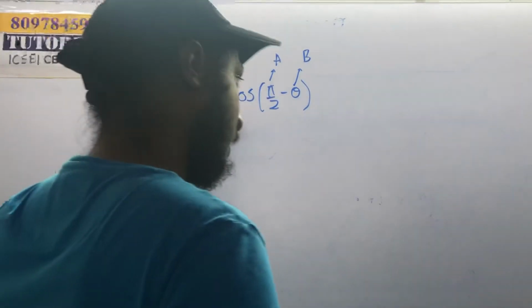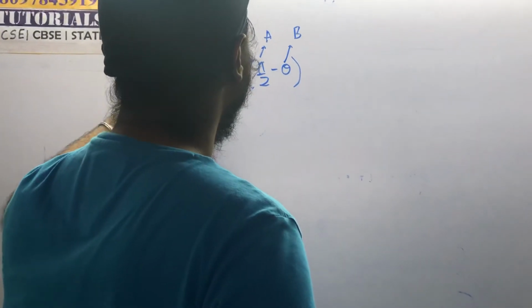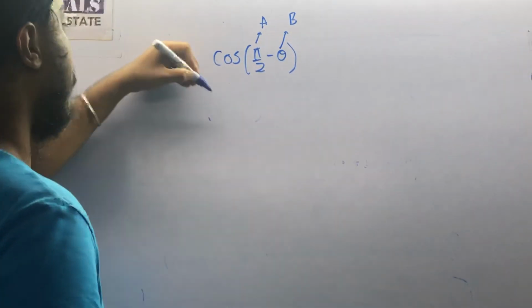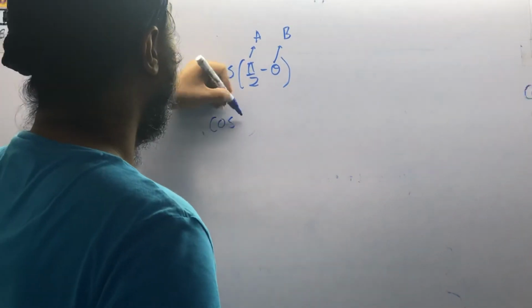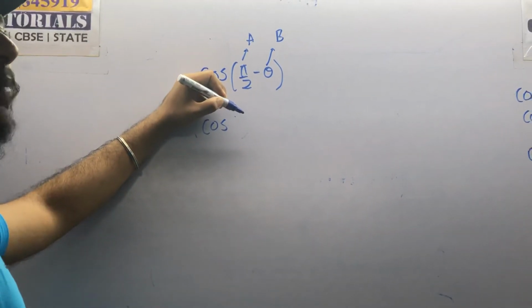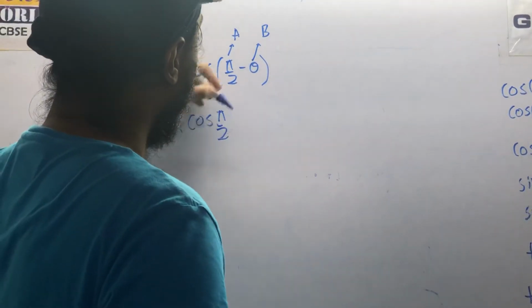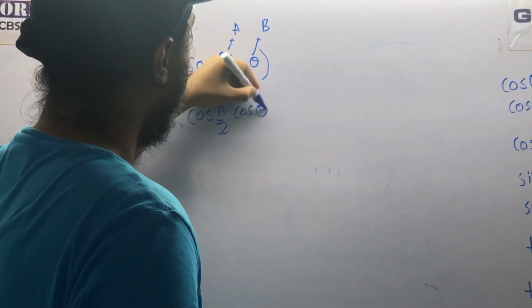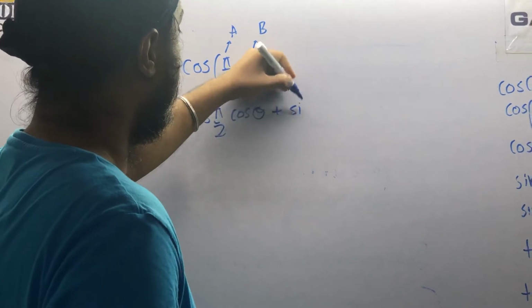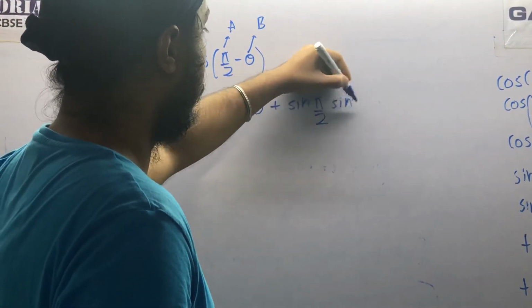What can you write? Cos(A minus B) was what? Cos A cos B plus sin A sin B. So cos pi by 2 cos theta plus sin pi by 2 sin theta.